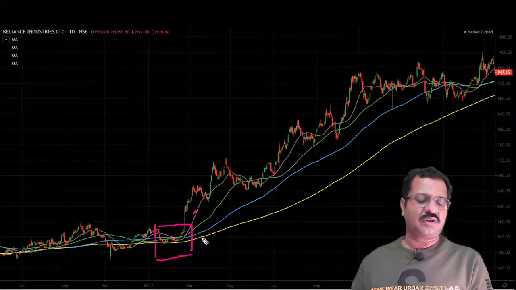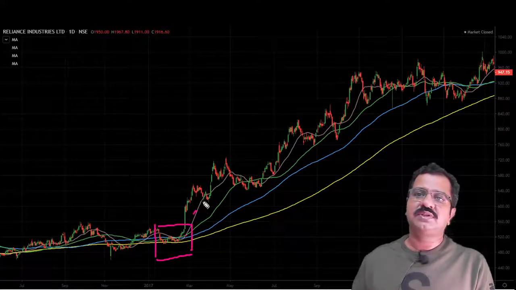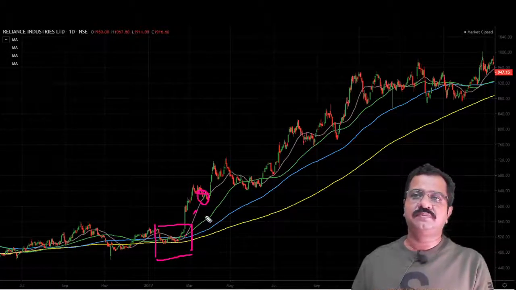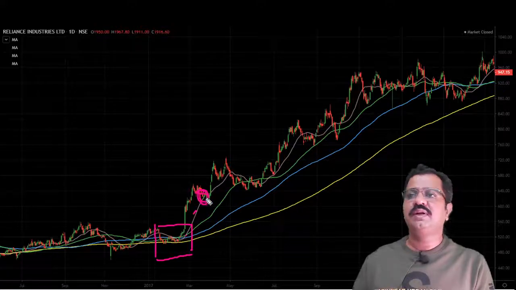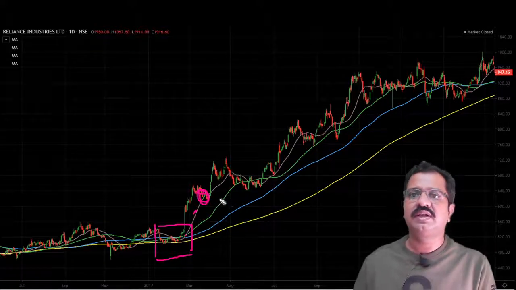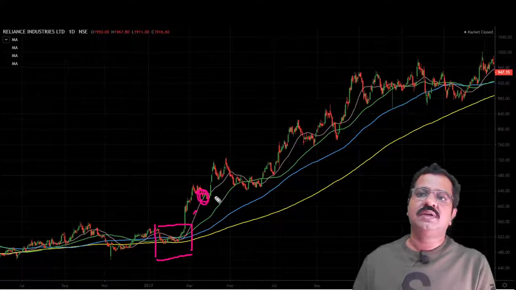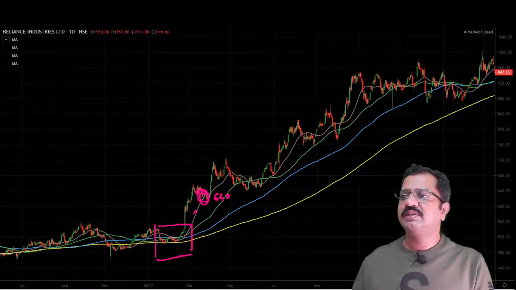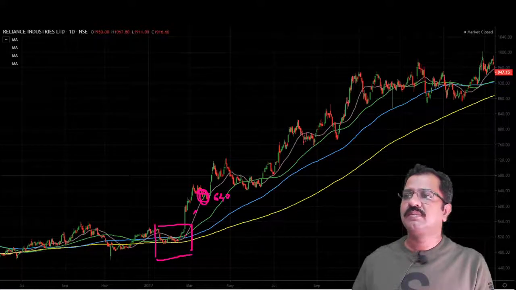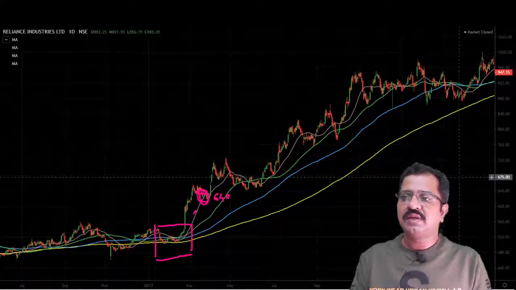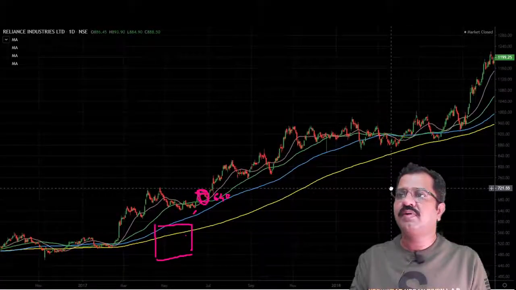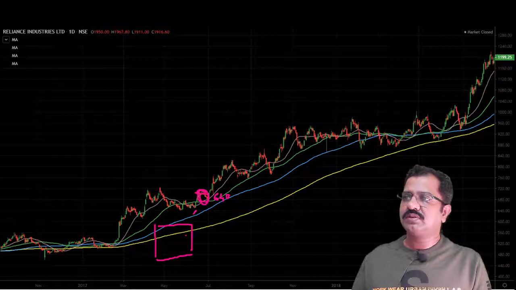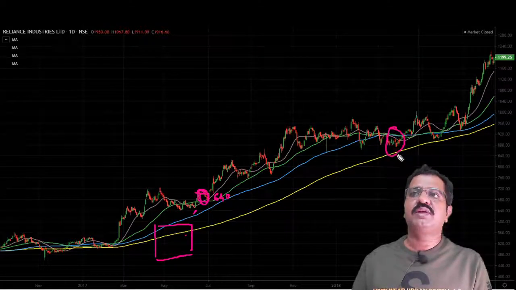You can apply your other filters also, but when this expansion started, and suppose somewhere here you have entered into trade, if you entered here around say 600 or 640, and see when it gave you exit, you were in trade for almost 1 year, and here somewhere it came closer.